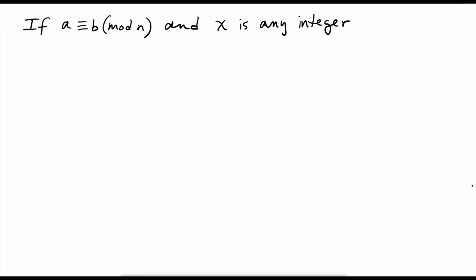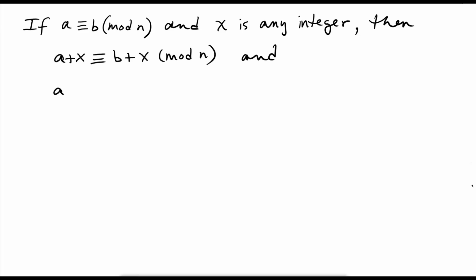Okay, so then I know that A plus X has to be congruent to B plus X modulo n. Also, I know that A times X is congruent to B times X modulo n.